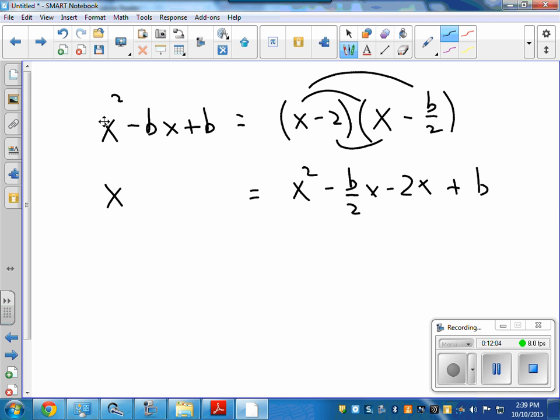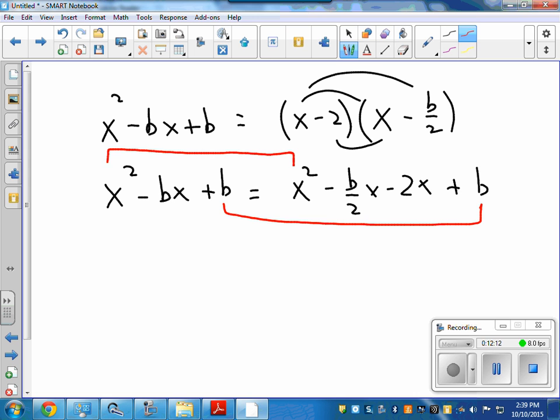We have an x squared, we have a minus bx plus b. So we notice the b's match, that's good. The x squares match, that's good. And then what we have to see is that this has got to be the same as this. So let me go off to the side. Negative bx has got to be the same as negative b over 2 x minus 2x.